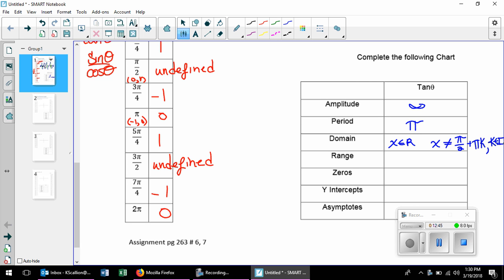Now if this had been a cosine graph, every period would have been 2 pi, but we have an asymptote starting at positive pi over 2, and every pi, you see another asymptote show up. What about the range? This one's easy. What's the range? Yep. So you could say y is an element of all real numbers, or you could say negative infinity to positive infinity.